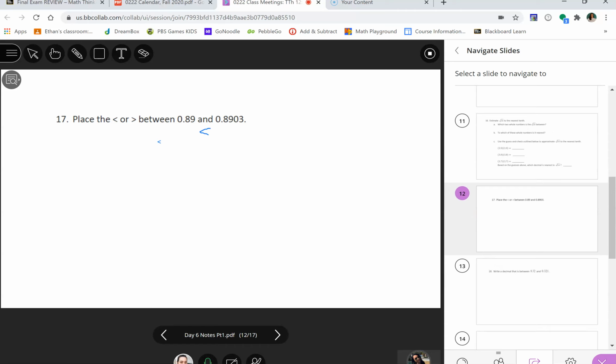There you go. Yeah, this one should be the less than symbol. And this one isn't that bad because I see I have 89 cents. I always think of money. I have 89 cents over here.